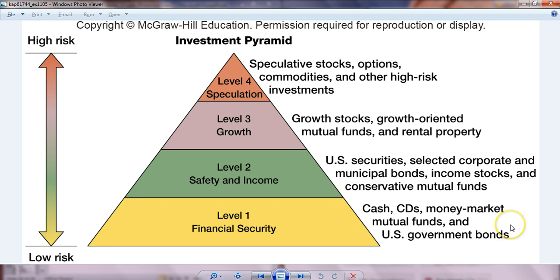Talked about this before. The investment pyramid has 4 levels. The first level, financial security. This level represents our foundation, and within our foundation, we have cash equivalents from a couple weeks ago.